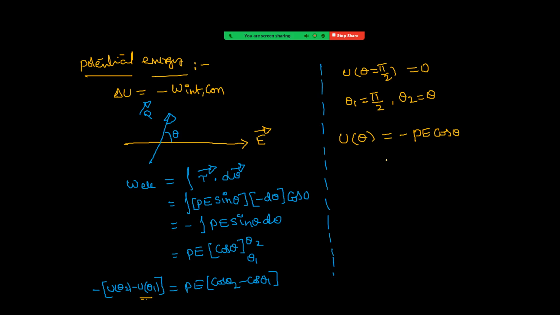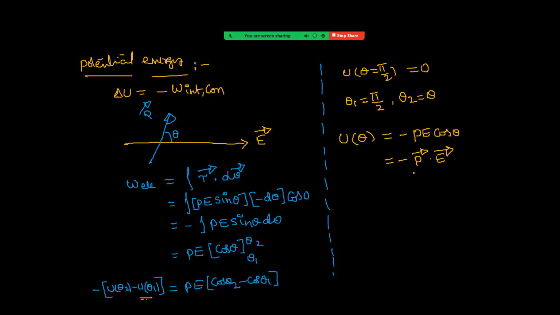The same thing can be written in terms of vectors, that is minus P bar dot E bar. Now see carefully. Between these two vectors, if the angle is 0, see what is the meaning of that? If the dipole moment vector is along the field vector, then potential energy will be minimum.